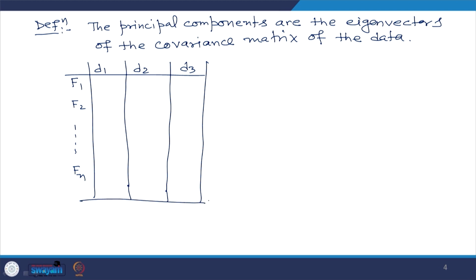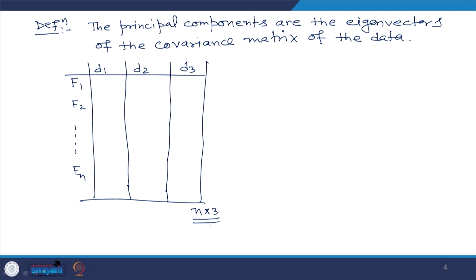So, it is 3 dimensional data of n samples, where each sample has 3 attributes, so each sample is a feature vector in R3. Now, I can read this as an n by 3 matrix. And if it has k attributes, it will become an n by k matrix.